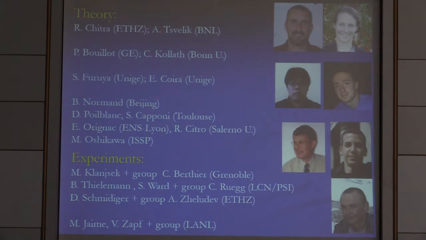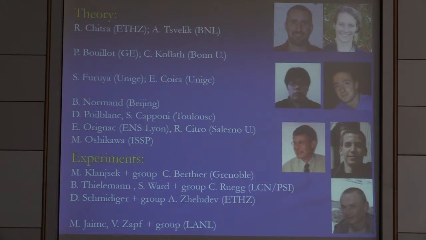There are various people who have been involved: Pierre Bouillot, Shunsuke Furuya, Emmanuel Ekoira. There are many other theorists here. There are too many for me to list individually, but I want to also emphasize that we had the chance to collaborate with exceptional experimental groups, and I will show mostly three of them because I will present their work in this talk.